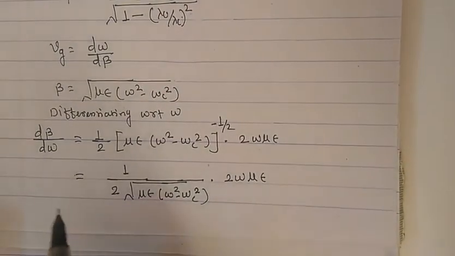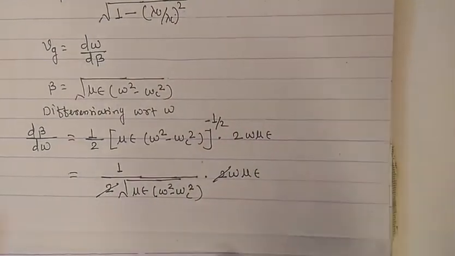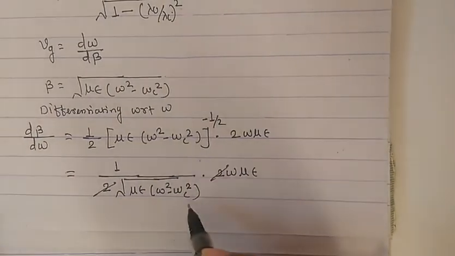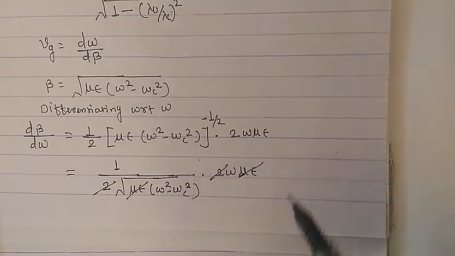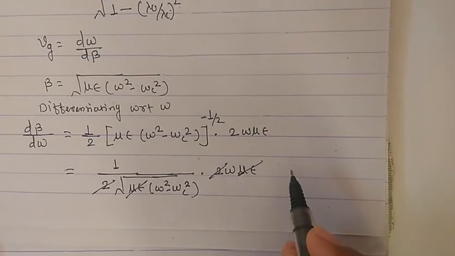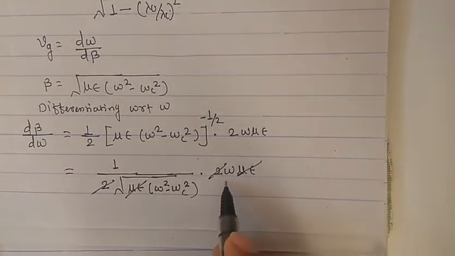The minus 1 by 2 becomes plus 1 by 2 if we take it to the denominator. So this 2 and this 2 can be cancelled out, and this under root mu epsilon can be cancelled out with this. So in the numerator we have under root mu epsilon into omega.